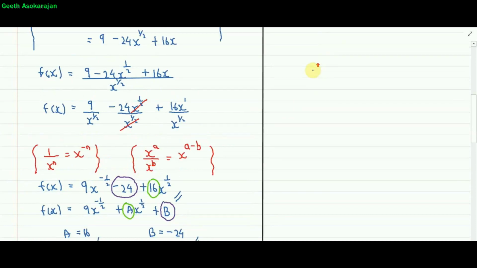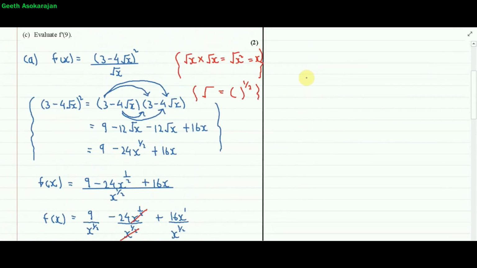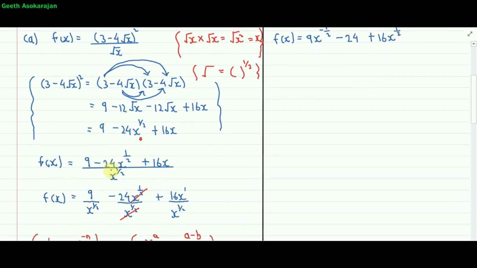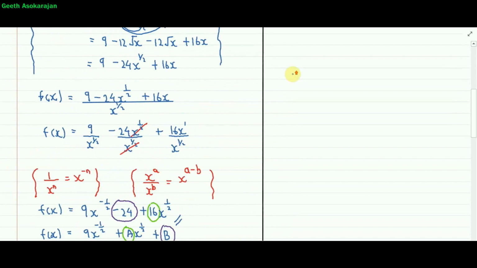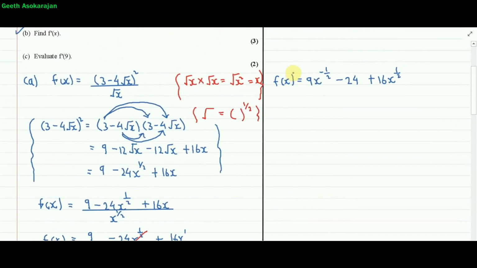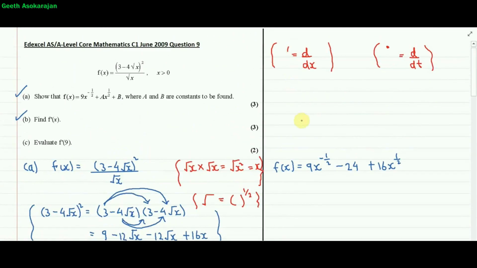So f of x is 9x to the minus half minus 24 plus 16x to the power half. So I've copied down f of x, and we're going to differentiate that to work out f prime x.